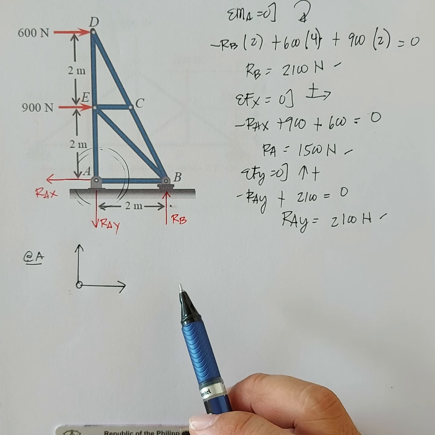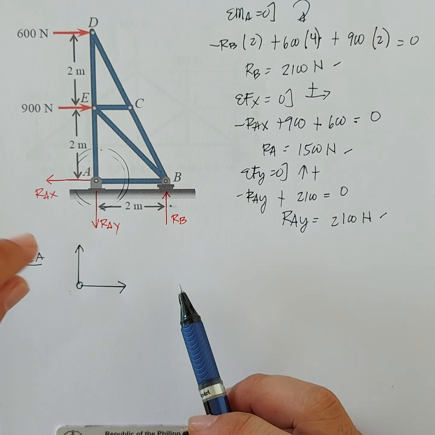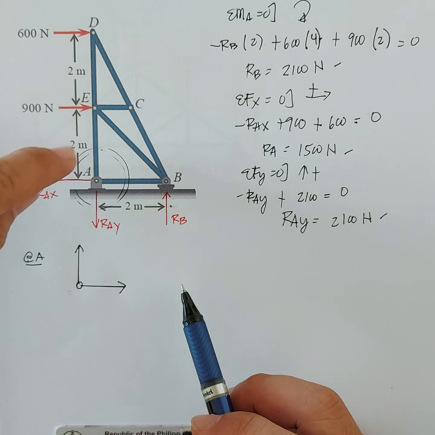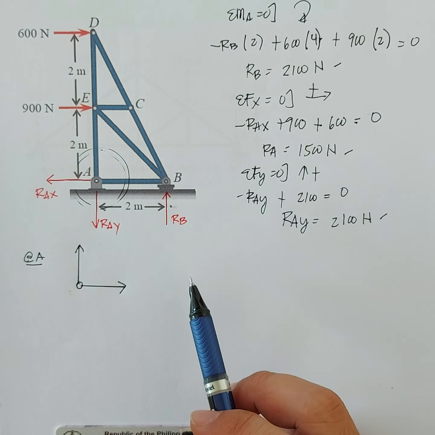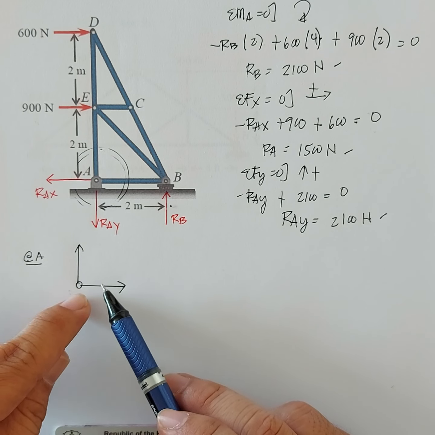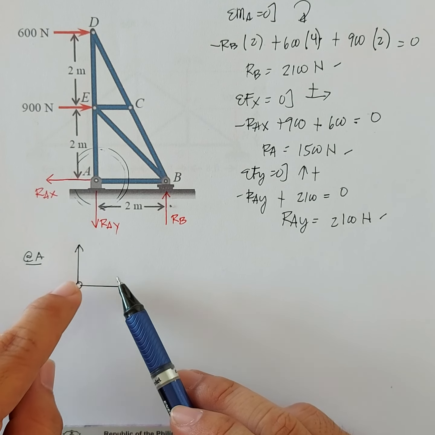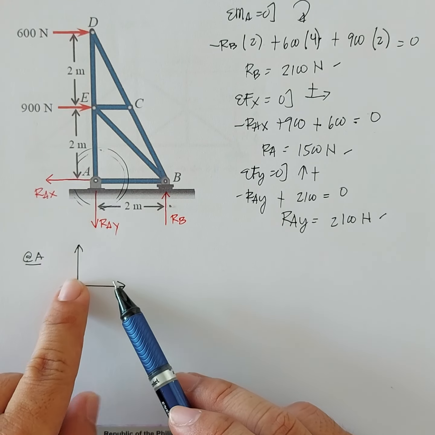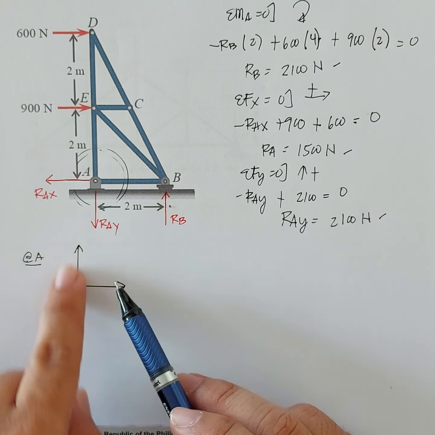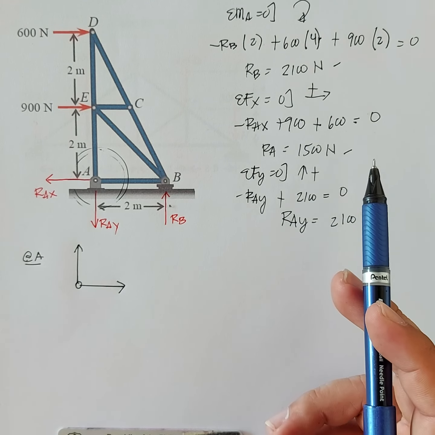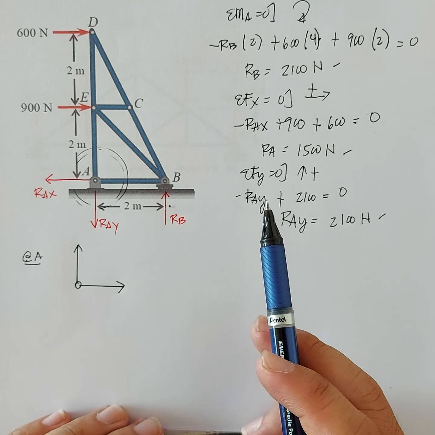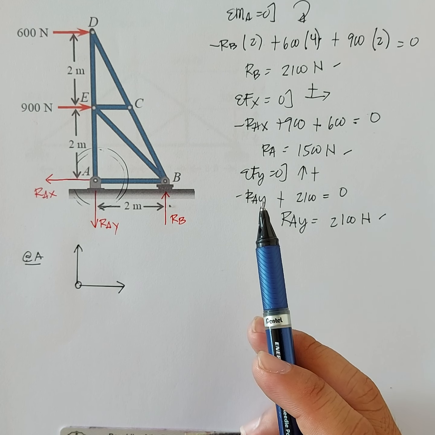They are always in tension. So, i-assume natin na yung AE ay tension, AB ay tension. Which means that the equivalent arrow, yung force natin dito, ang arrow natin is directed away from the joint. So, kapag tension away from the joint, kapag compression towards the joint.